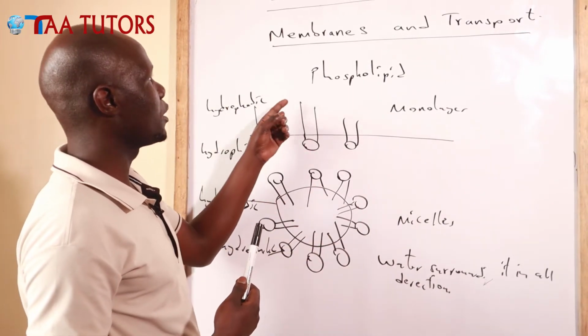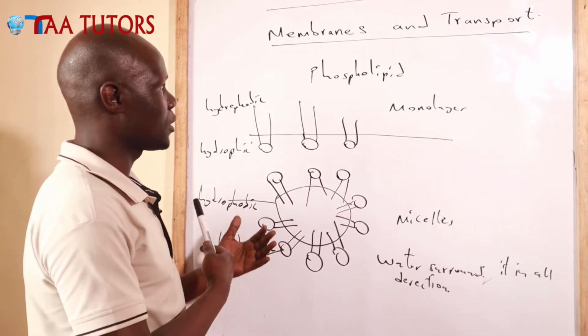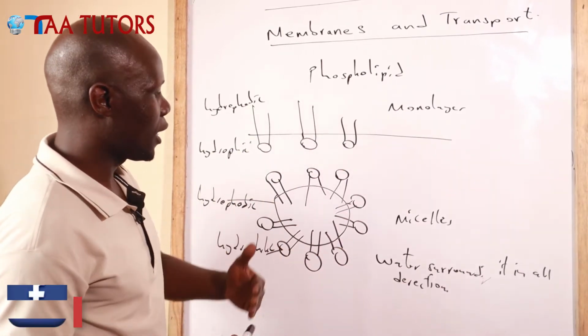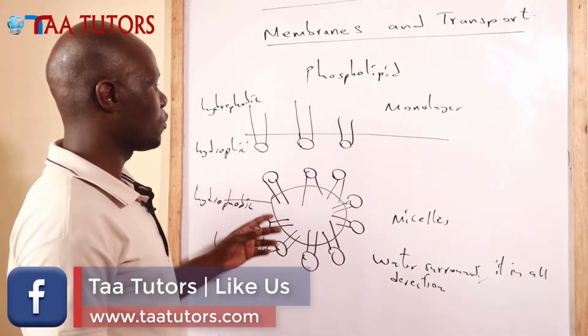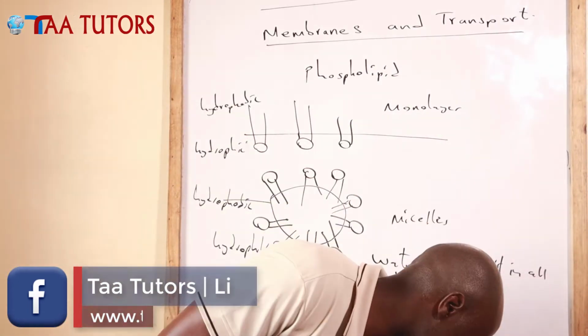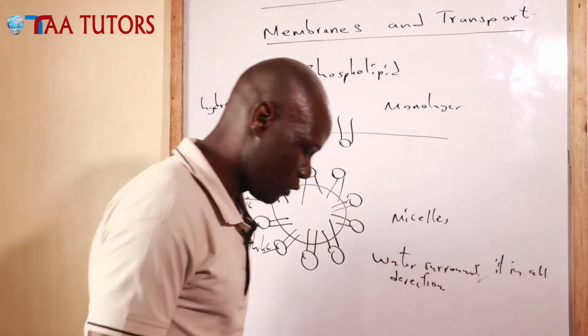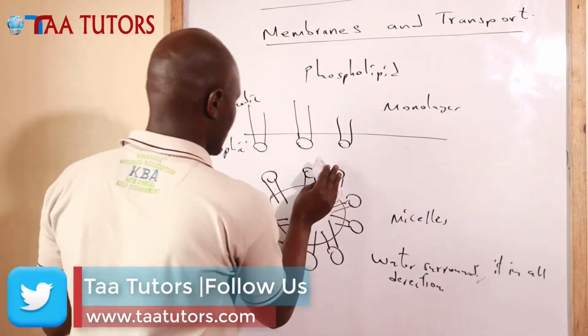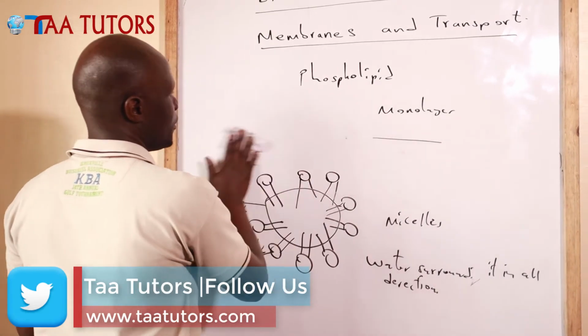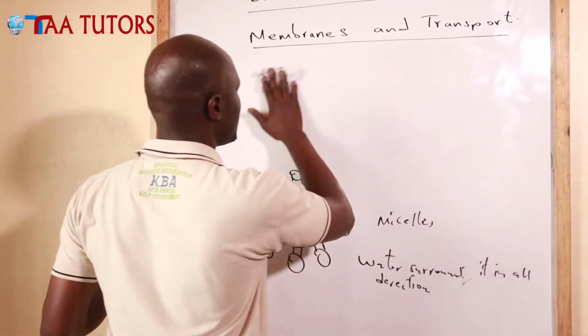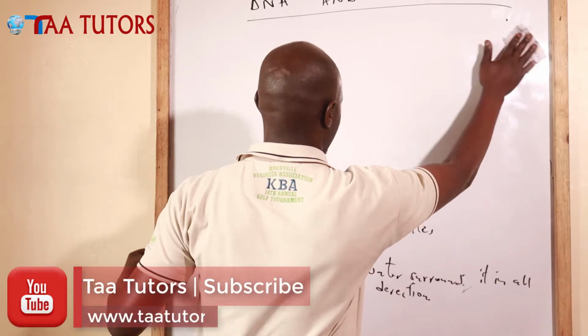So the membrane is porous, so it can allow some molecules to get in, and some molecules cannot get in. So how is this? For us to understand this, we have to talk about what we are calling the fluid mosaic model. That one will help us to understand how this happens in the membrane of the cell.